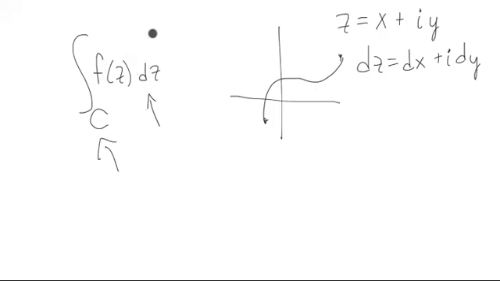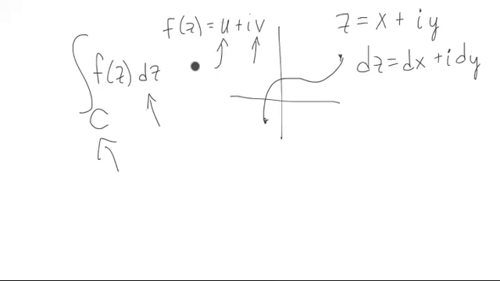We're going to think of f of z as being equal to u plus iv, where u is simply the real part of the function and v is the imaginary part of the function. I didn't use function notation here, but we'll remember that these are functions that depend on z, which is x plus iy.